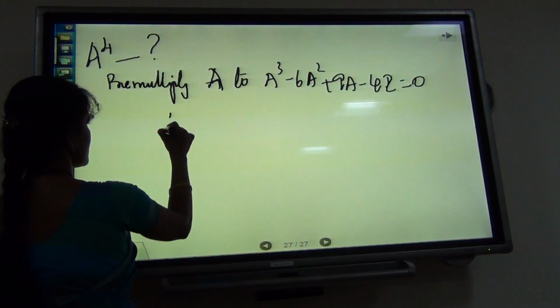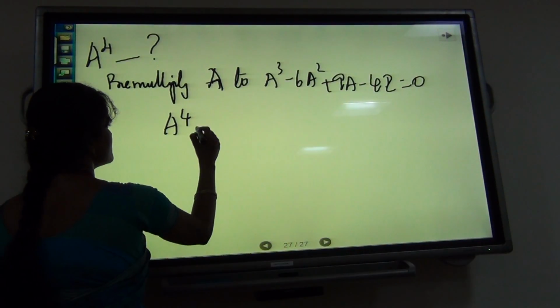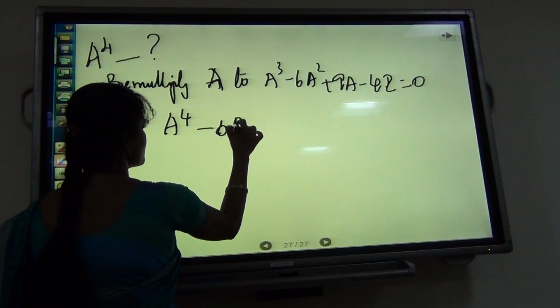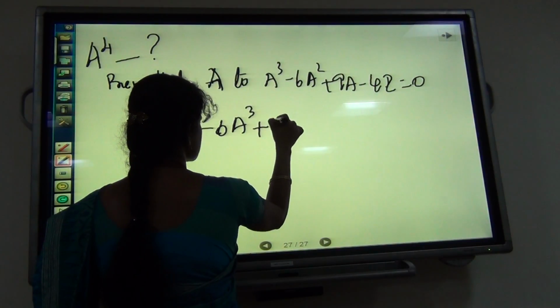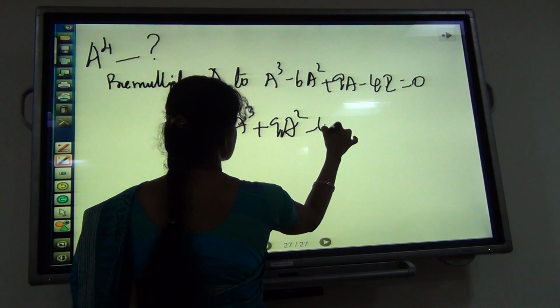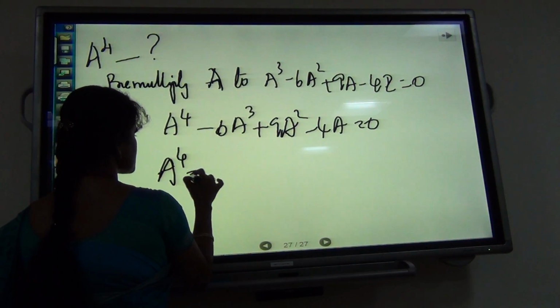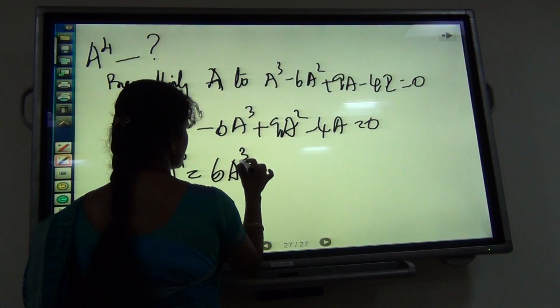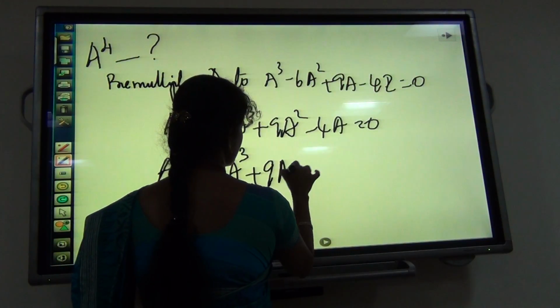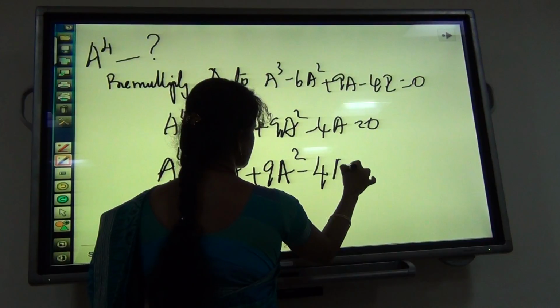So you get A power 4 minus 6A cube plus 9A square minus 4A is equal to 0.